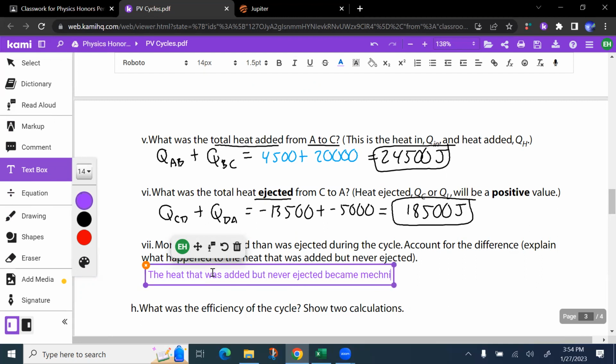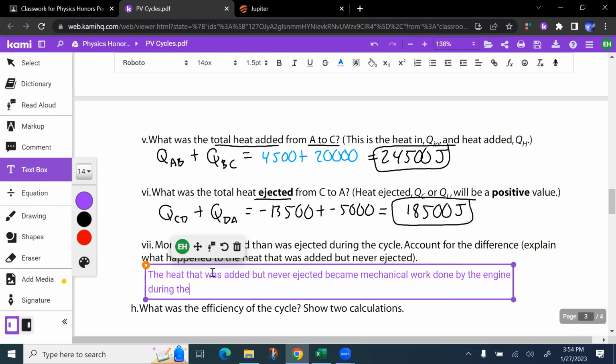That's exactly what thermodynamics is all about. It's converting heat energy into mechanical energy. But it was specifically the work done by the engine during the entire cycle.